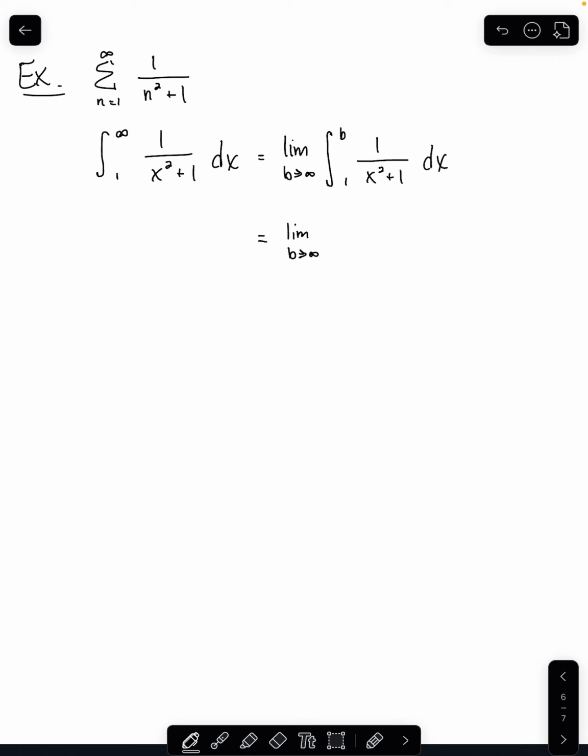So we have the limit as b goes to infinity of arctangent of x, evaluated at b minus the evaluation at 1. So we have the limit as b approaches infinity of arctangent of b minus arctangent of 1.